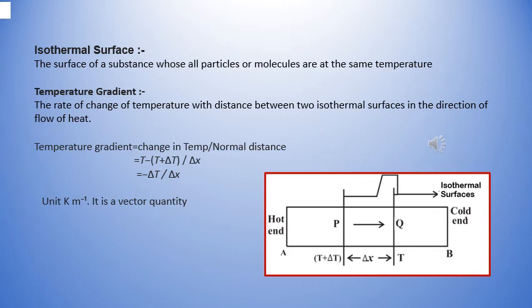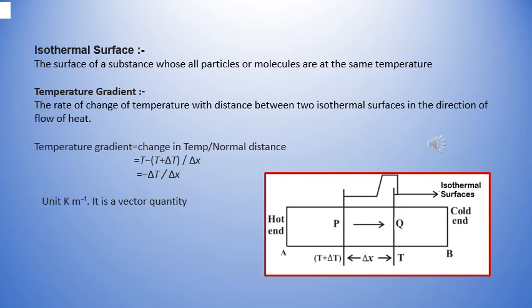Now the temperature, as you can see, of section P is greater than that of section Q. If T plus delta T is the temperature of section P and T is the temperature of section Q, then the temperature gradient is equal to the change in temperature divided by the normal distance between them, which comes out as minus delta T upon delta x.